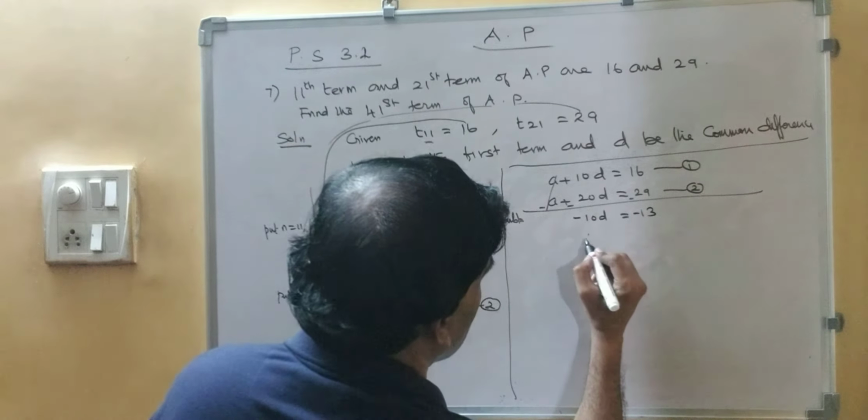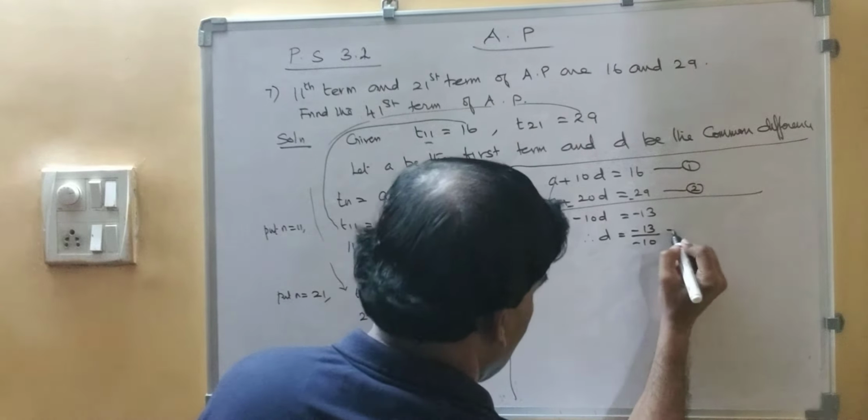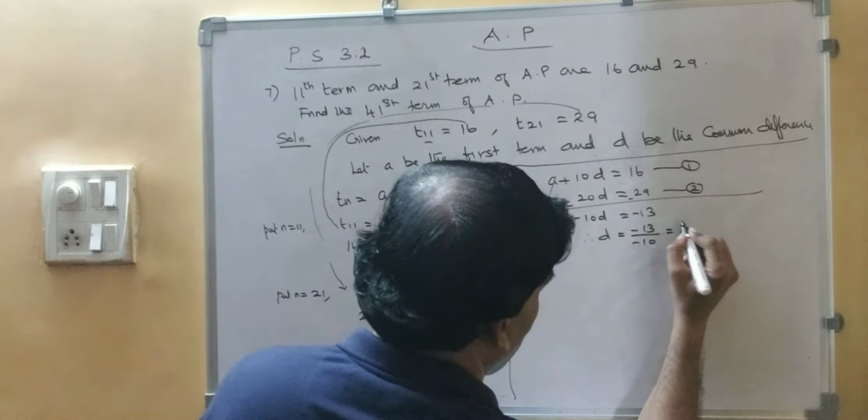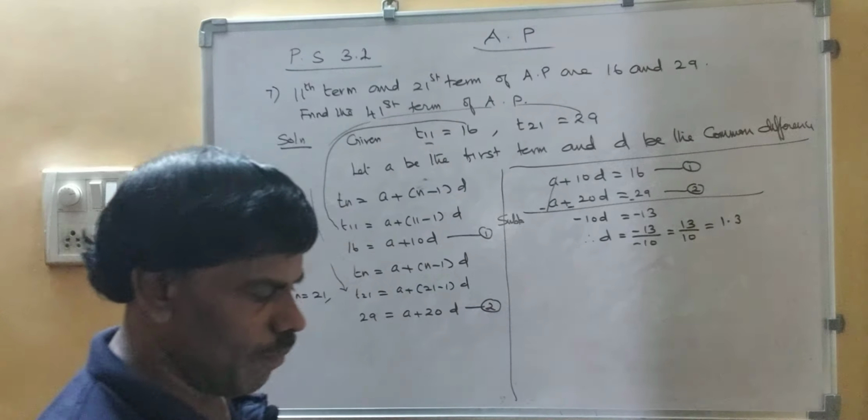Minus 13. Therefore, D equal to minus 13 upon minus 10 equal to 13 upon 10. So we can write 1.3.